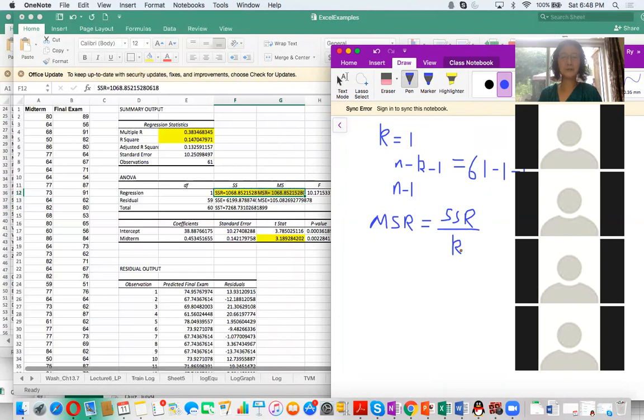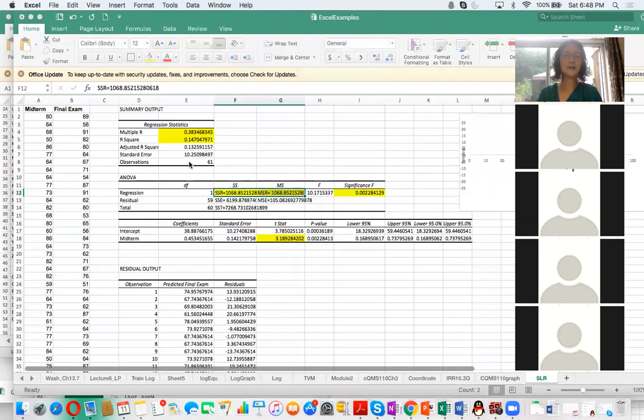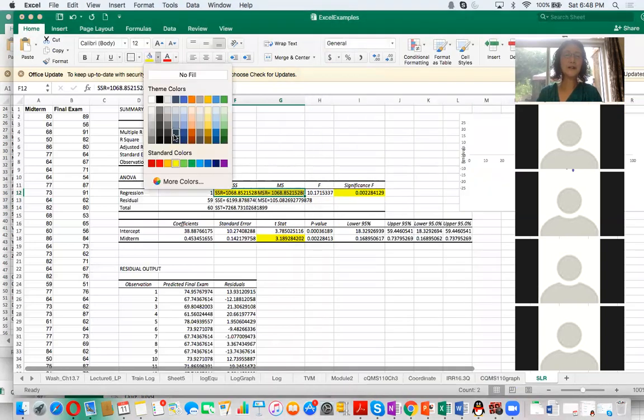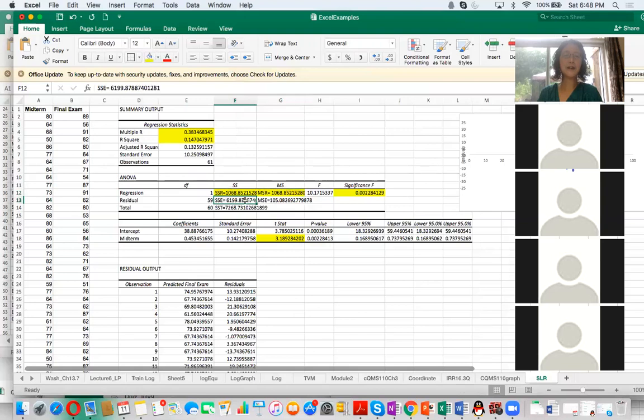So K equal to 1 in this case. Okay. And then next one, what is the relationship between SSE and MSE?